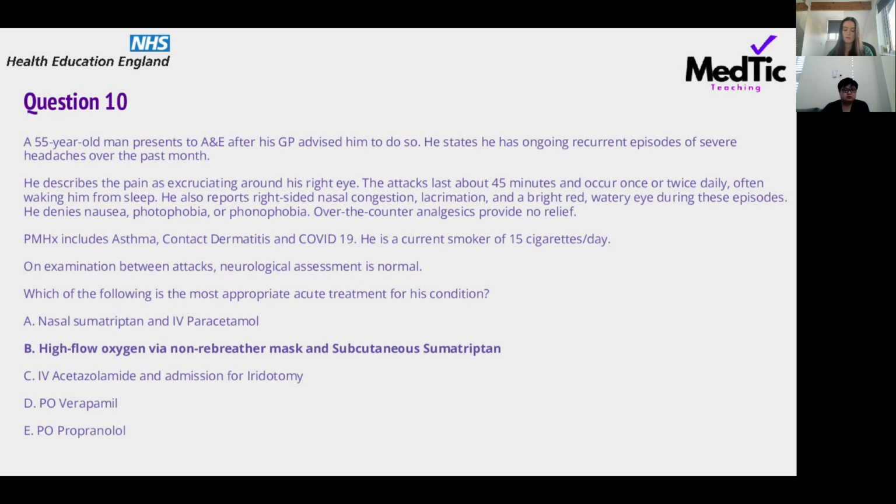So, is anyone able to tell me what condition we're thinking of that's going on? Yep, Olavato has hit the nail on the head. It's the cluster headaches that we're dealing with in this situation.